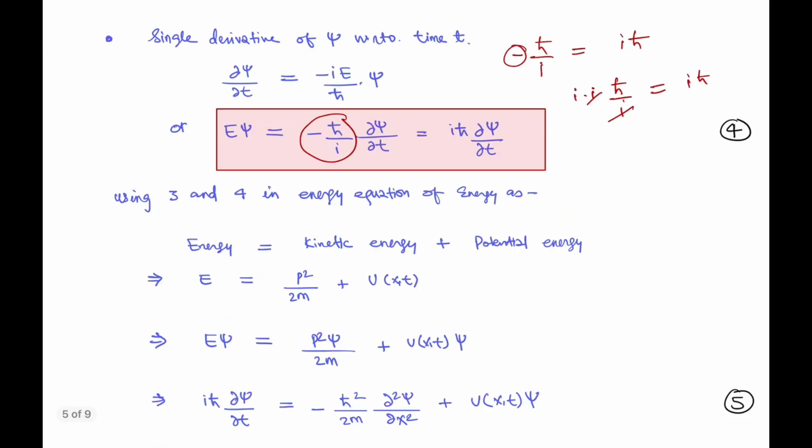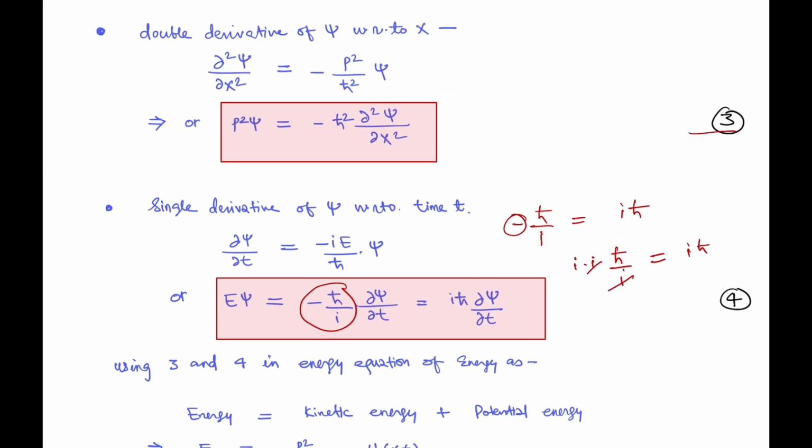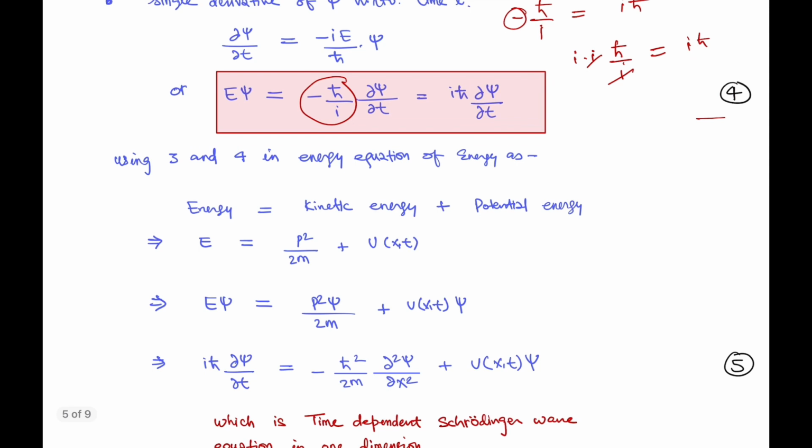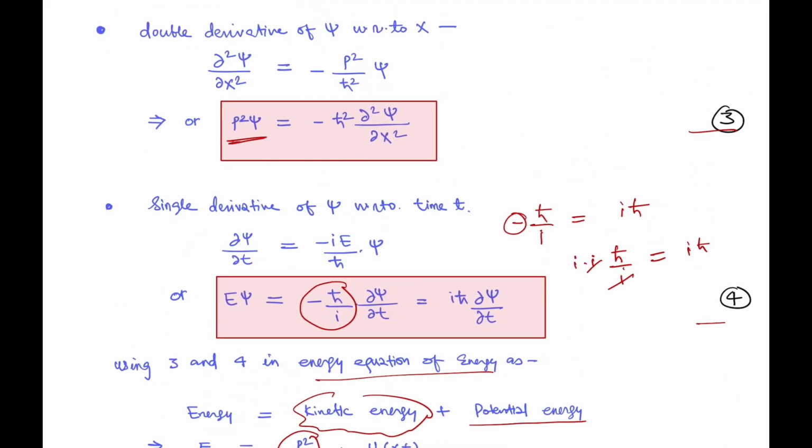Okay. So using equation 3 and equation 4, we could write the energy equation, because energy is nothing but kinetic energy added to the potential energy. So kinetic energy is p square upon 2m, and we know the value of p square from here.